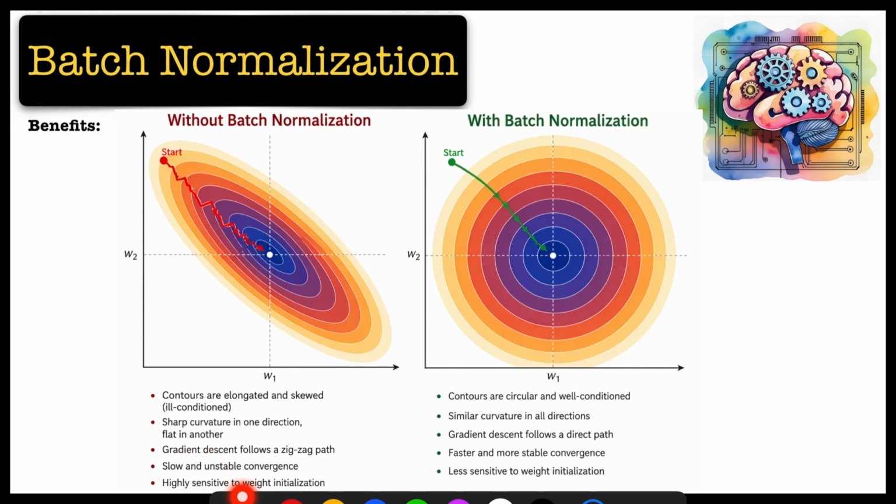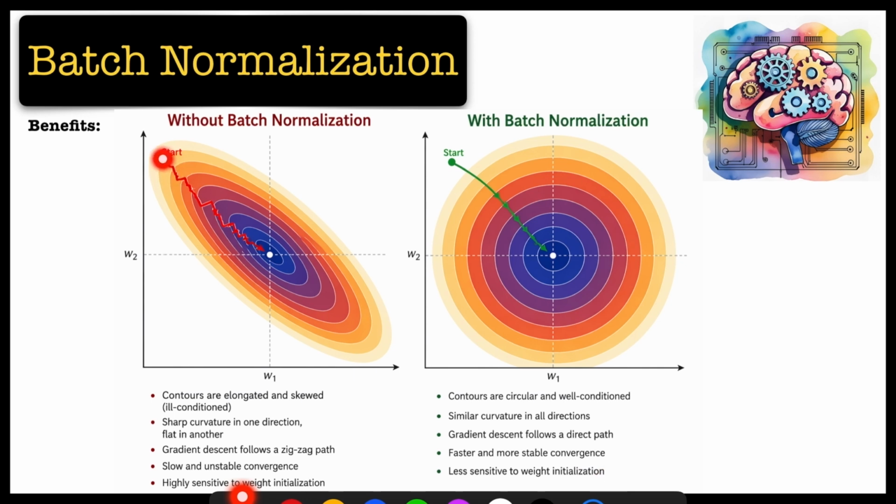So gradient descent follows a zigzag path, slow and unstable convergence, and highly sensitive to weight initialization. With batch normalization, contours are circular and well conditioned, with similar curvature in all directions. Gradient descent follows a direct, smoother path, with faster and more stable convergence, and is less sensitive to weight initialization.